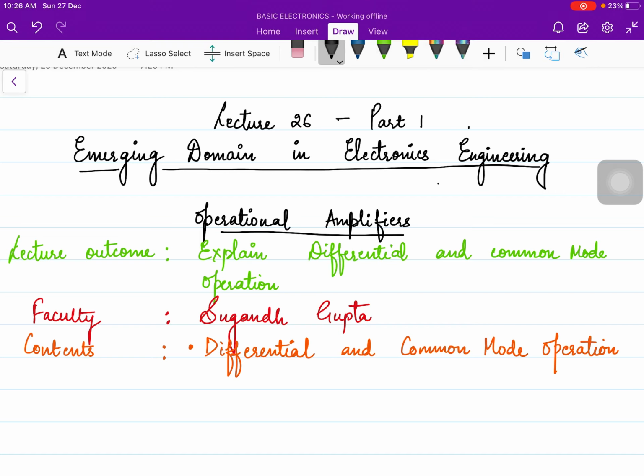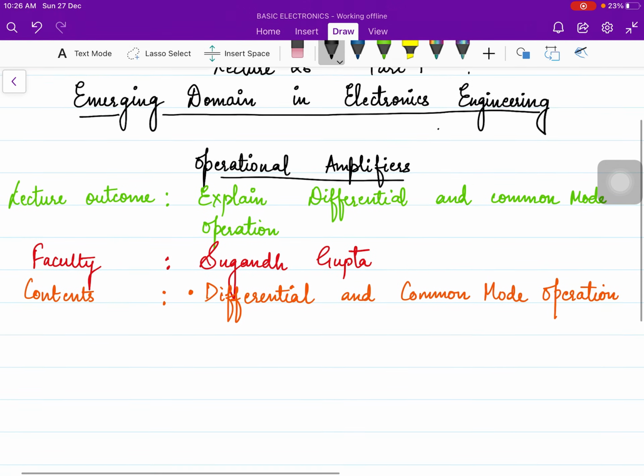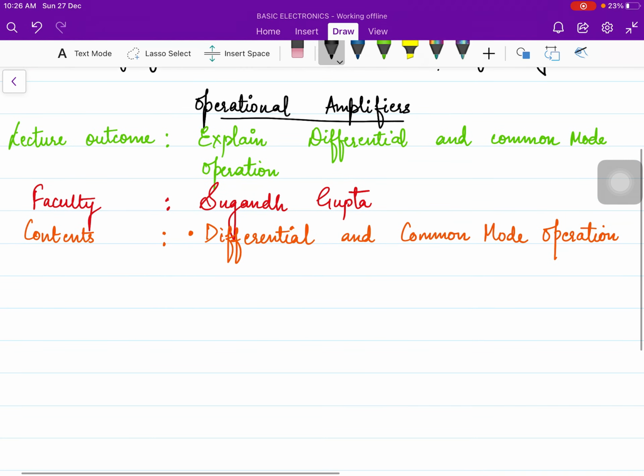So both types of components are present in the input signals. How the op-amp works on the different components and on the common components is what this lecture is all about. Let us start with differential mode operation.